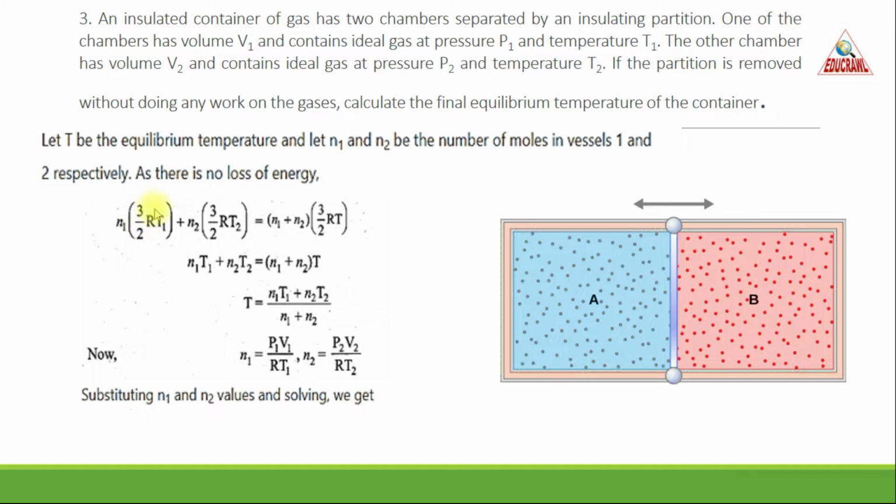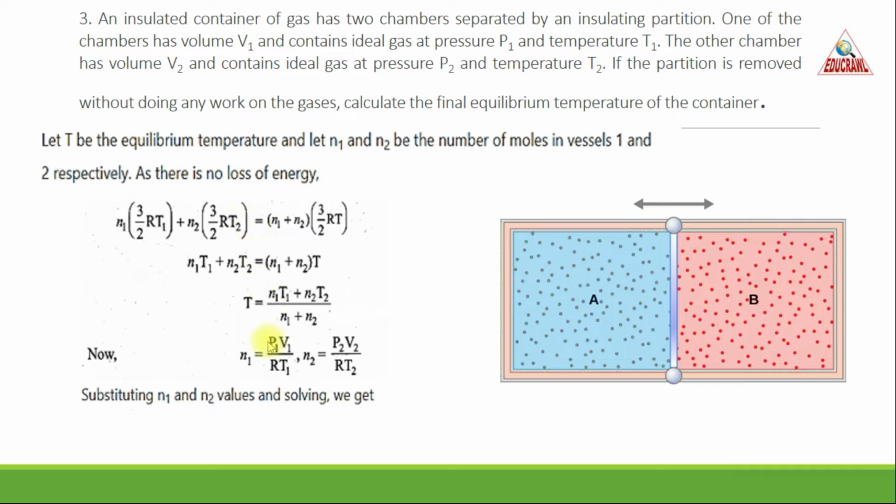So before mixing it will be 3 by 2 n1 R T1 for chamber A. For chamber B it will be n2 into 3 by 2 R T2. After mixing it will be (n1 plus n2) into 3 by 2 RT. So using this formula we are going to find the value of the final temperature.